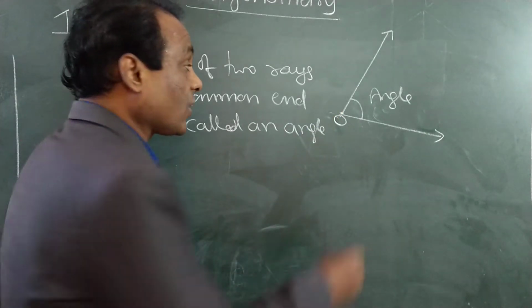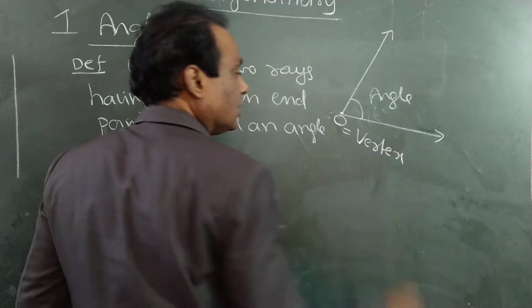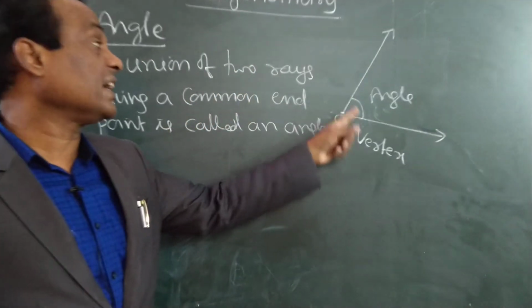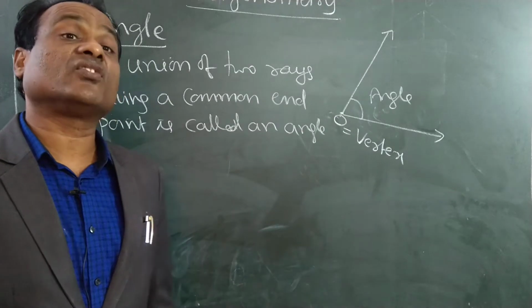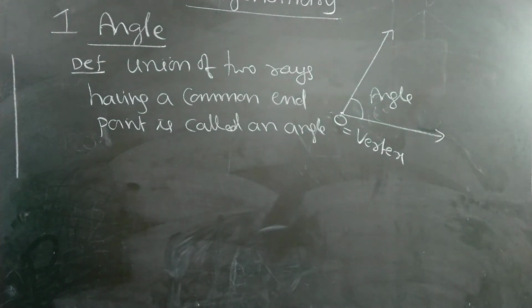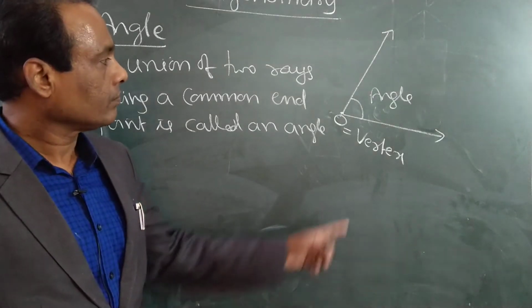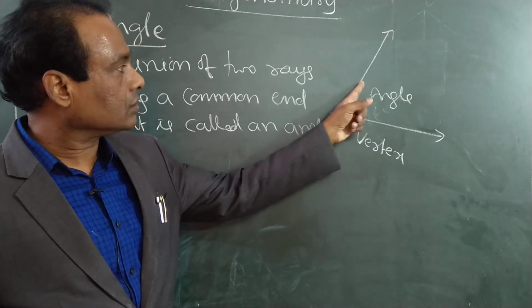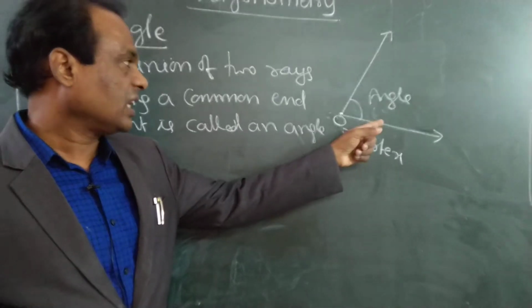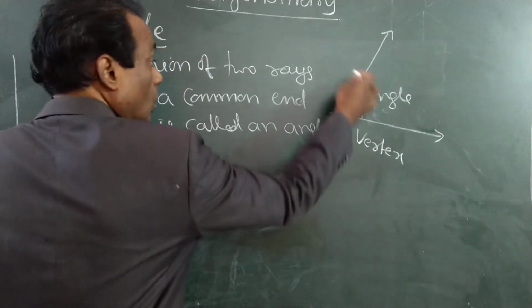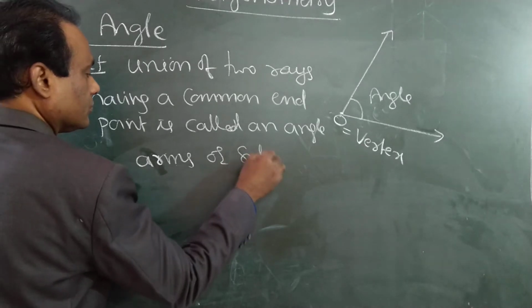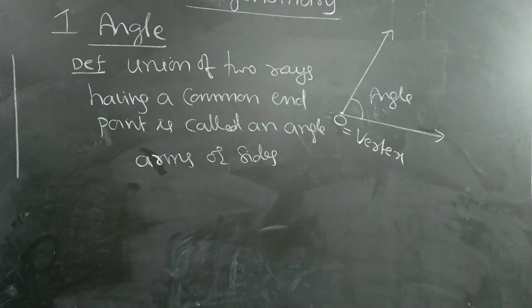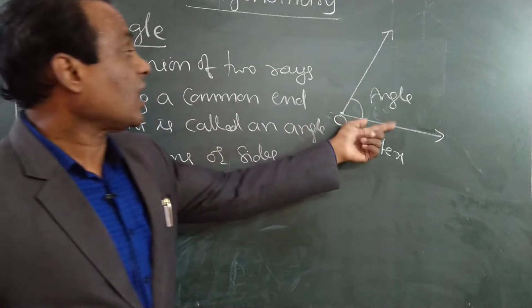The common end point is called its vertex. The two rays are called its arms or sides.